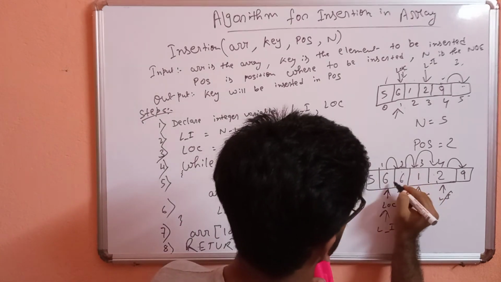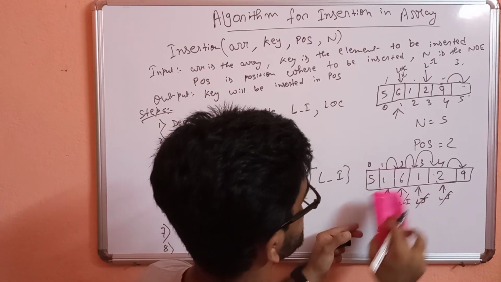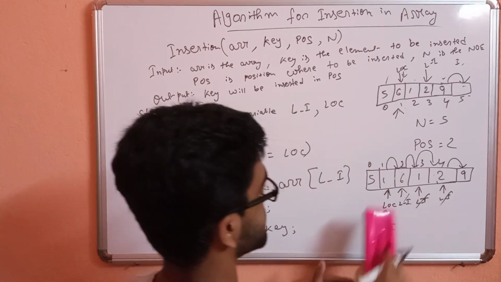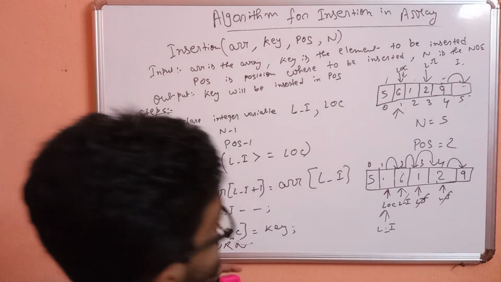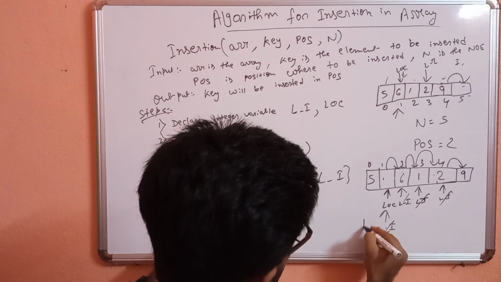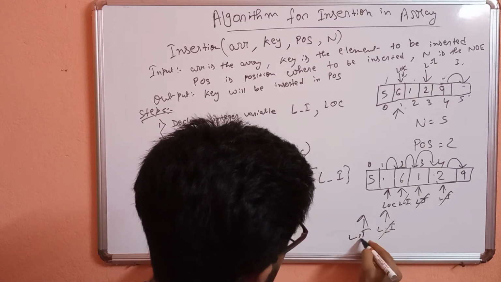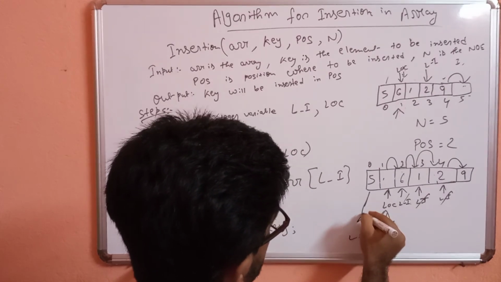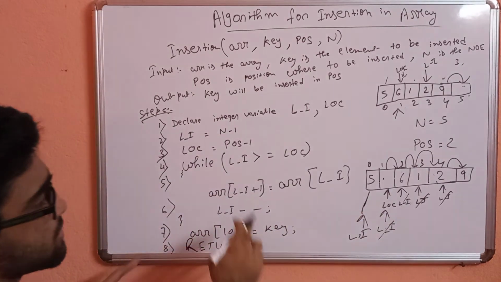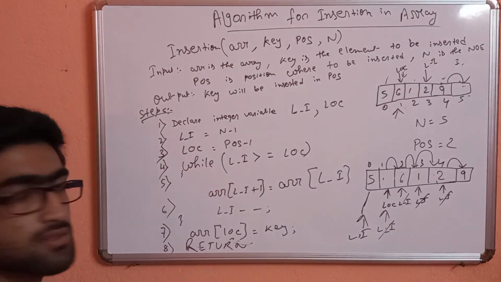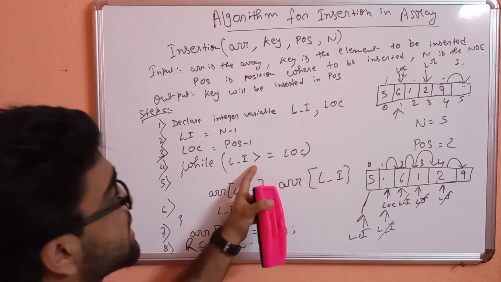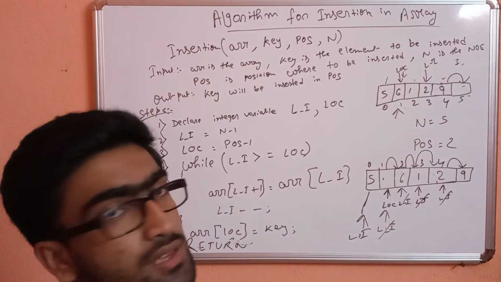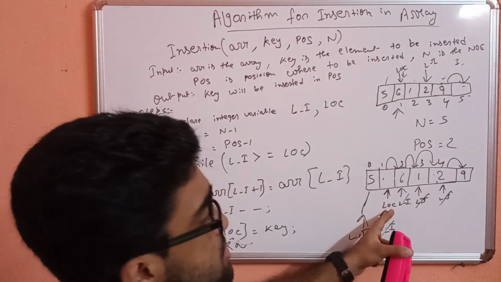So it will copy, right shift 6. Now this place is vacant. Now li will be pointing here. But now this condition fails. Li becomes less than LOC. Li is 0, LOC is 1.